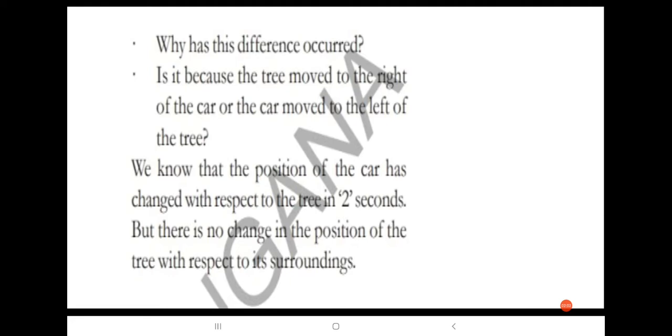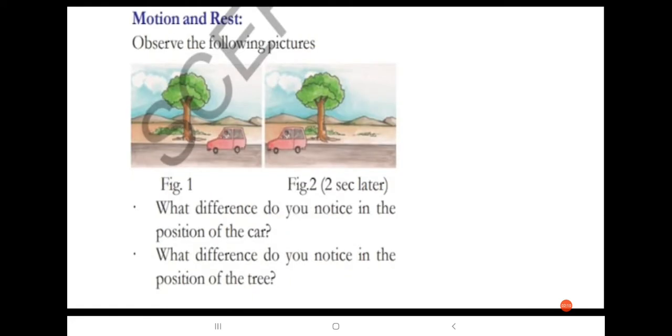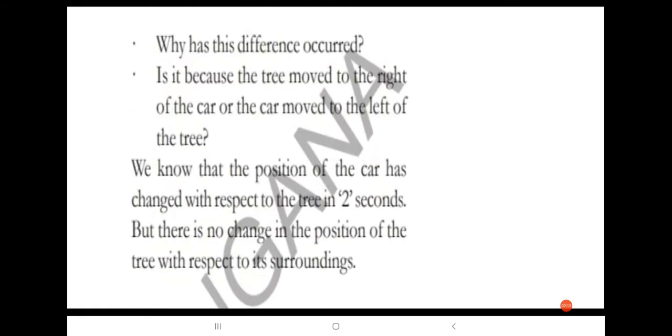Is it because the tree moved to the right of the car or the car moved to the left of the tree? Here we know that the position of the car has changed with respect to the tree in 2 seconds. But there is no change in the position of the tree with respect to its surroundings.